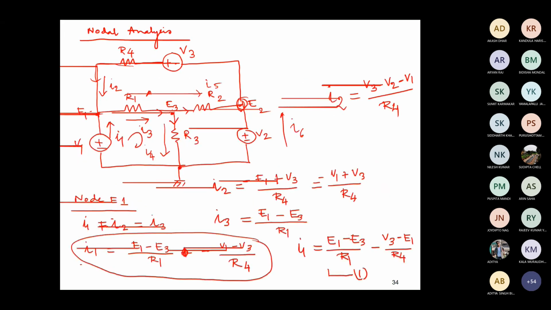This is all 3 loops, L1, L2 and L3. No, 3 loops, now I'm saying about loops. So L1, L2 and L3, 3 loops we can find out from here.